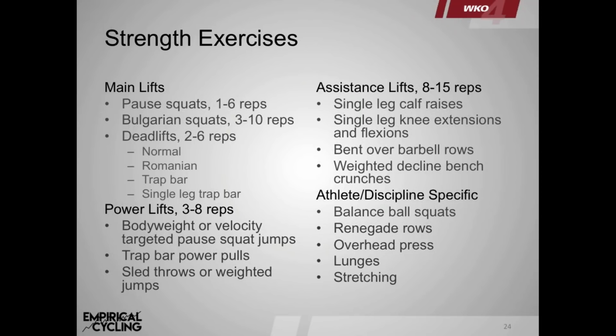These again I find useful for people like mountain bikers who have to absorb a lot of bumps with the upper body. Lunges are a good alternative glute exercise to Bulgarian squats if you have issues doing that. And stretching is not really specific to any athlete or discipline, but I think everybody should stretch a lot, especially after you lift.